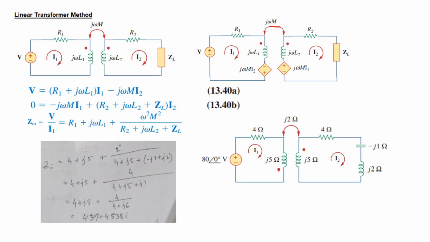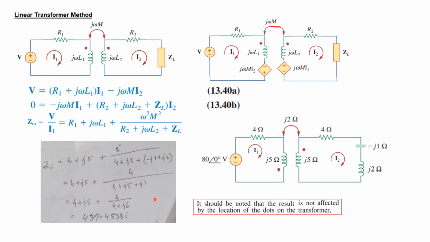So R1 is 4, j omega L1 is 5, this part we found to be 2 squared, and then R2, j omega L2 and ZL, and solving we get the same answer, 4.307 plus j0.538. I hope this gives you an understanding of how you can solve end of chapter problems like this. Thank you.